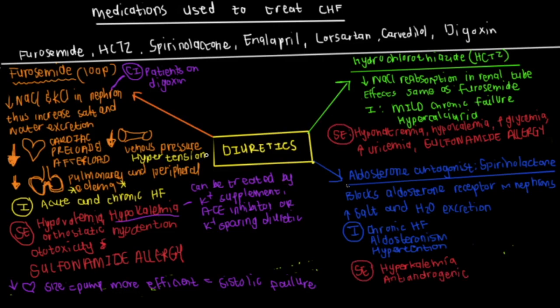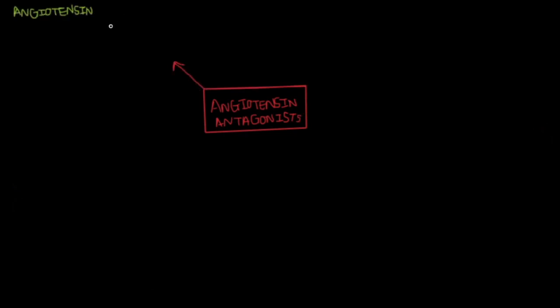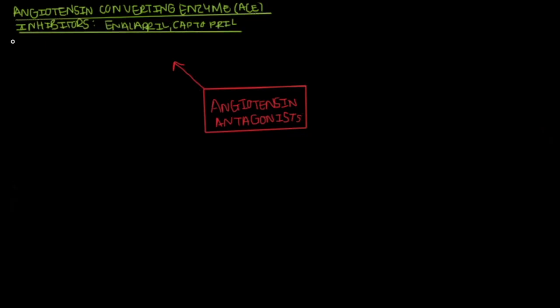Alright, so the angiotensin antagonists are going to include the angiotensin converting enzyme inhibitors, also known as ACE inhibitors, and these two are captopril and enalapril. They inhibit ACE, and thus inhibit the conversion of angiotensin 1 to angiotensin 2.